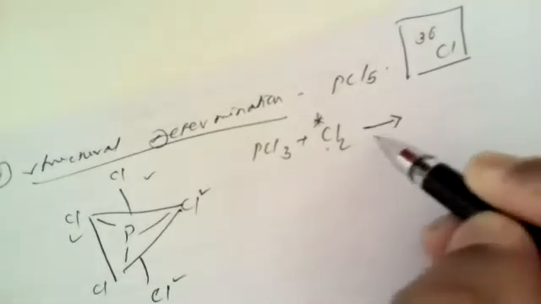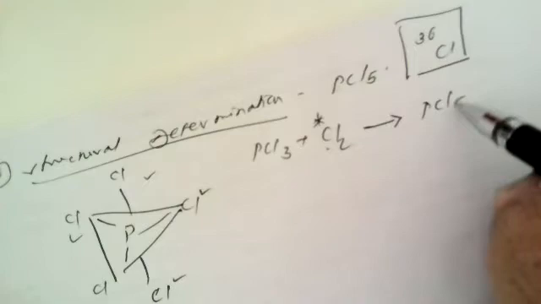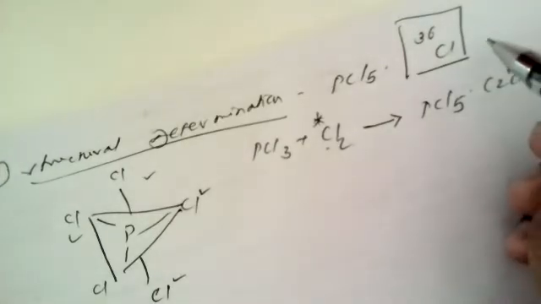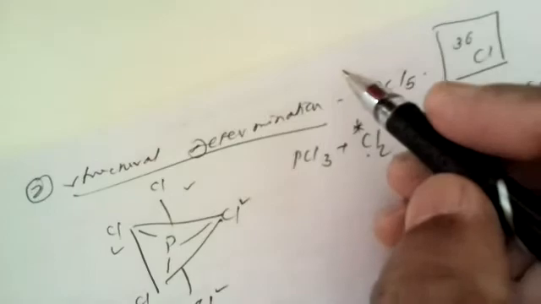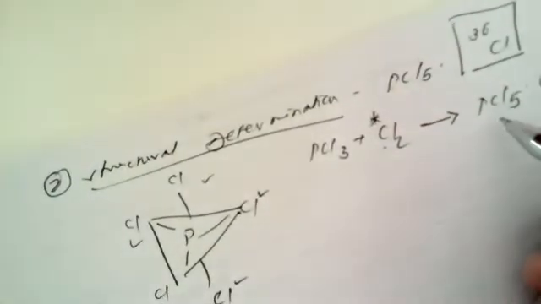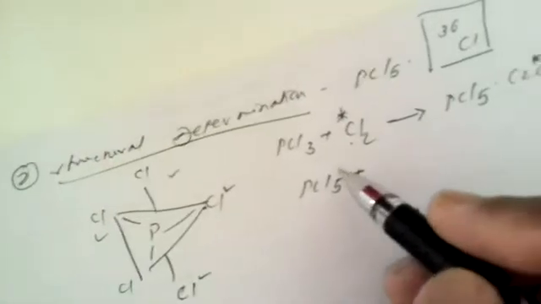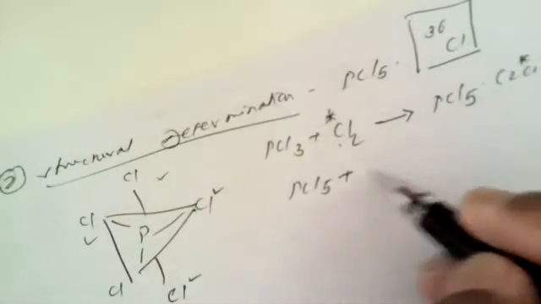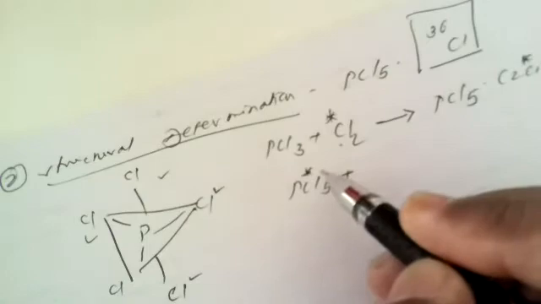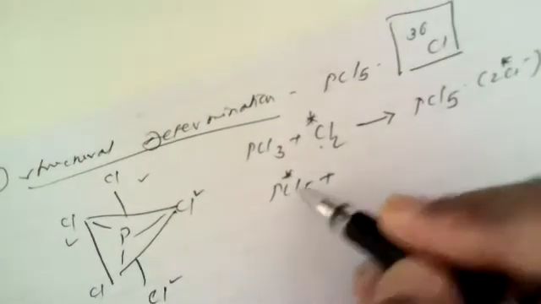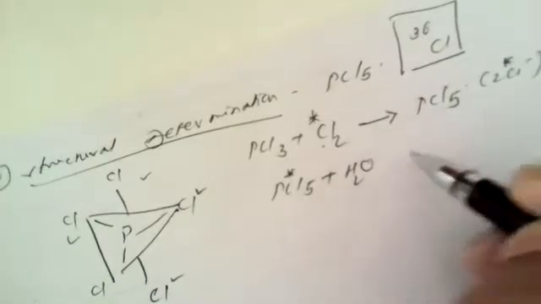Now, by using this chlorine, the PCl5 molecule is produced. In this case, 2 chlorides are nothing but radioactive isotopes of chlorine. After formation of this PCl5, which contains the radiochlorine, I would like to give an asterisk sign, which indicates that amongst these 5 chlorine atoms, 2 chlorine atoms are the radioisotopes.